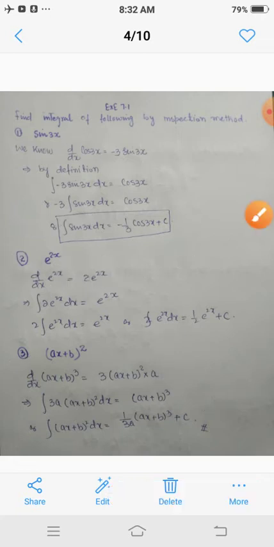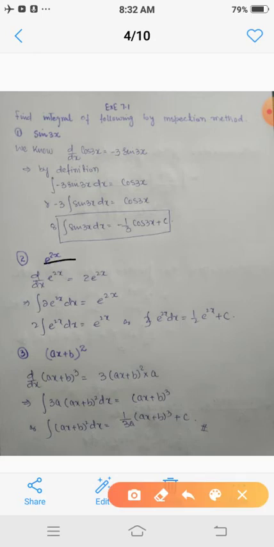So from this we conclude how to find the integral without considering this concept, that is, finding the function whose derivative is the given function. What we do is simply integrate first, like in this example, e raised to power 2x.